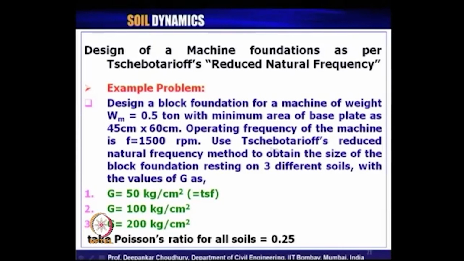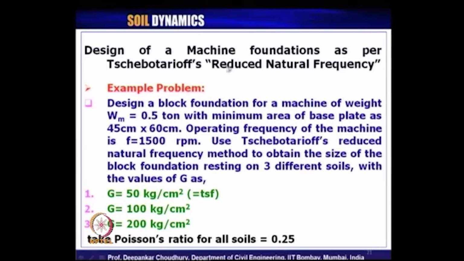Now, using Tschebotarioff's reduced natural frequency method, we need to find out the size of the block foundation for three different types of soil. That is, suppose if we have three different types of soil, what are the different sizes of foundation required to be provided to place this machine which is given to us.